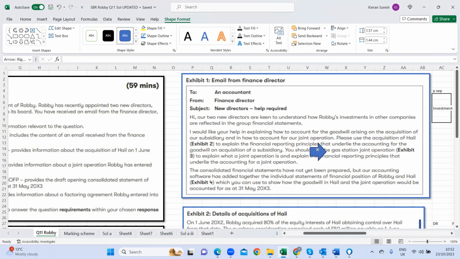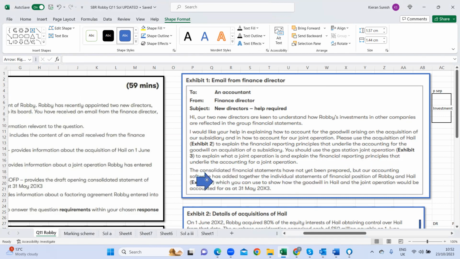Individual statements means separate financial statements prepared by Robbie separately, and Hale's accountant prepared theirs separately. Our software just merged those together. But there are certain items that need to be ignored or removed when you merge. We will come back to it in a minute.